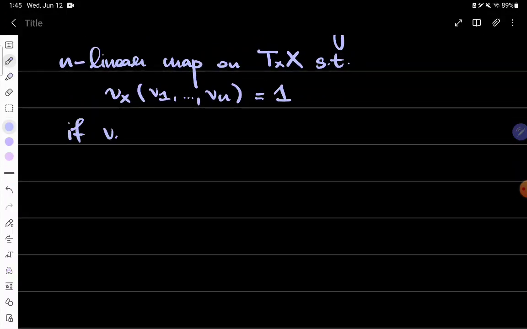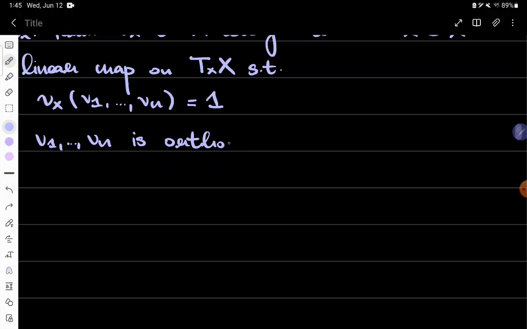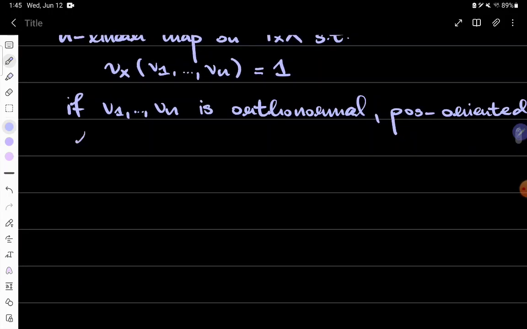So if v1 through vn is an orthonormal, positively oriented basis for the tangent space.